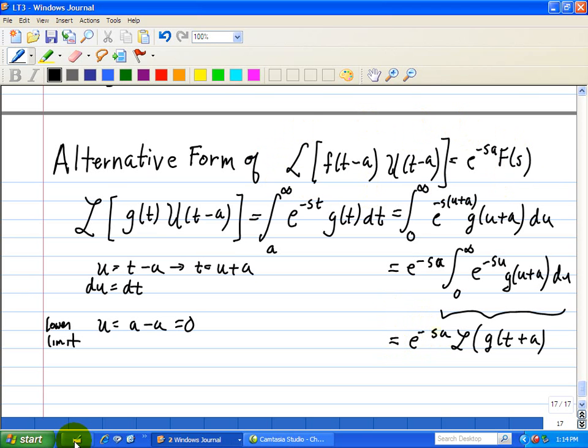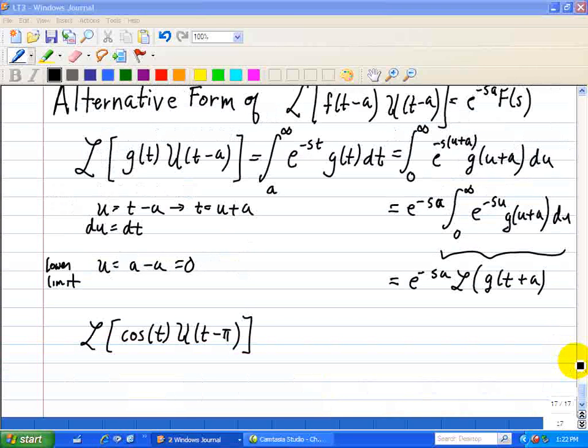Now we'll do a couple examples. So let's apply this alternative form of finding the Laplace transform with this example, where we have the Laplace transform of cosine of t times a delayed step function u(t minus pi).